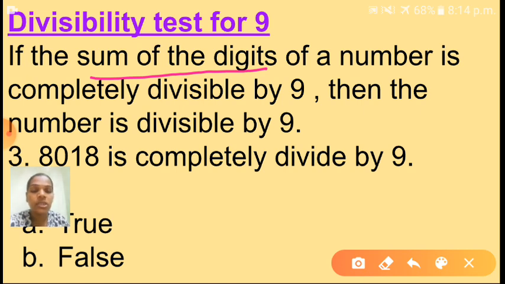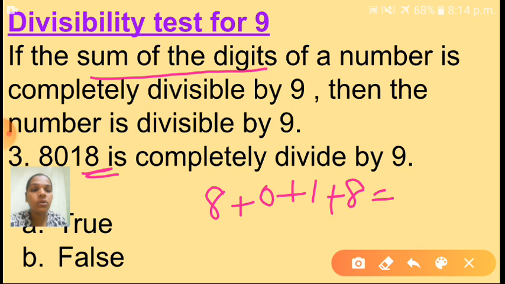Okay children, see here, 8,018 is completely divided by 9, true or false? So 8 plus 0 plus 1 plus 8. You have to add all these numbers.